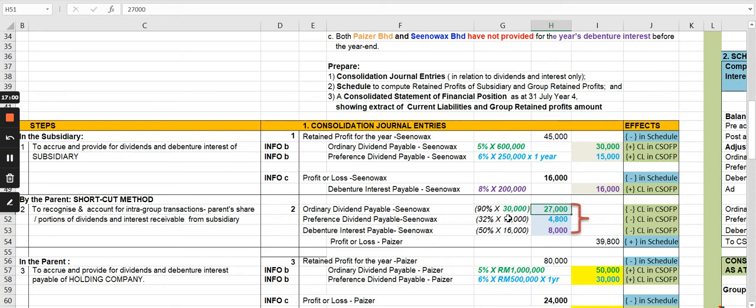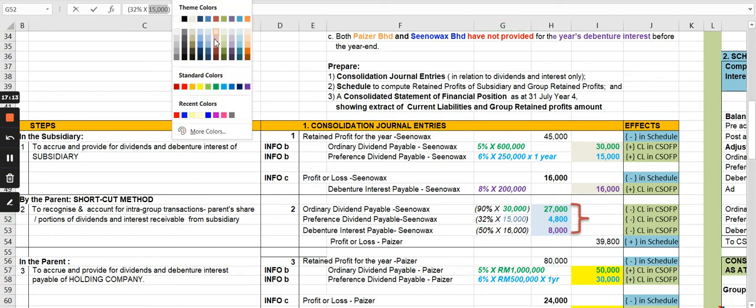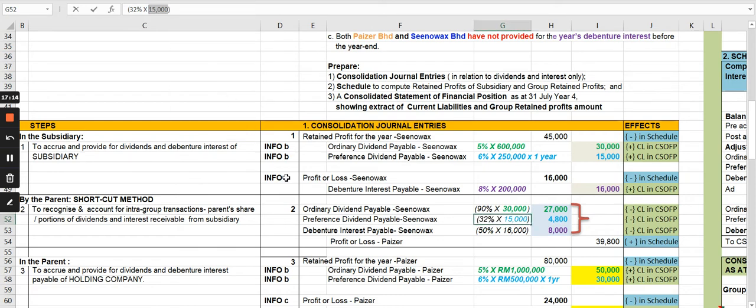The same thing should be done for your preference dividend that you receive from Sinovac, where that 15,000 is the one declared by the subsidiary, but as a parent you have a share of 32% based on the percentage acquired.